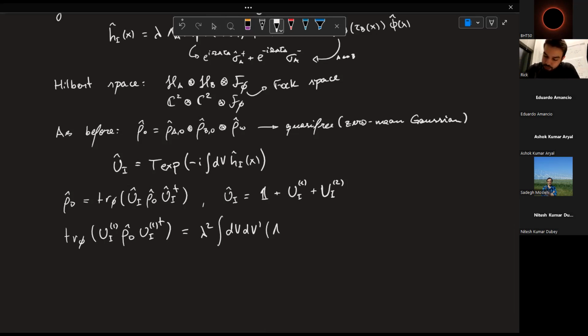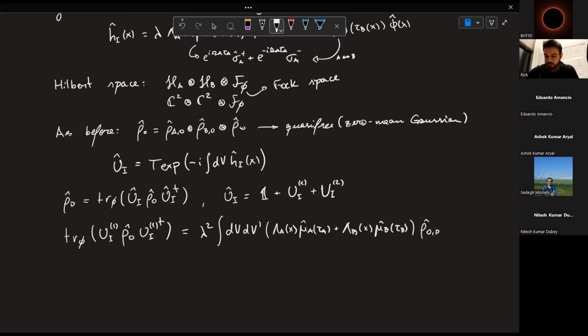And what you would get would be lambda A of x, mu A of tau A, plus lambda B of x, mu B of tau B. And you would multiply this by the full rho zero actually.